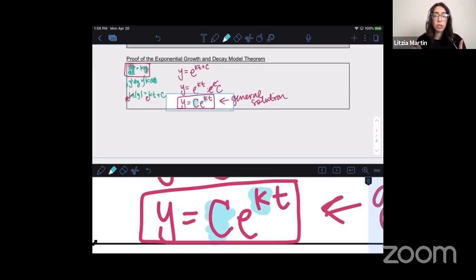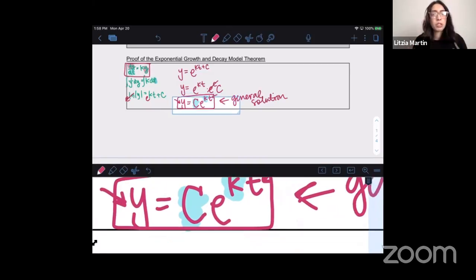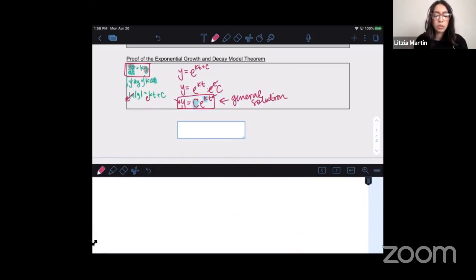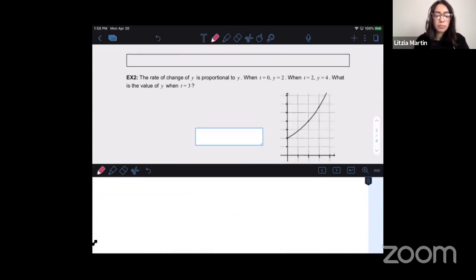Remember, when you graph it, you need one input and one output. So your input is t, your output is y. C and k are numbers, and we need to figure out what those numbers are. In order to do that, we need to be given some initial conditions. So we're going to do an example here.